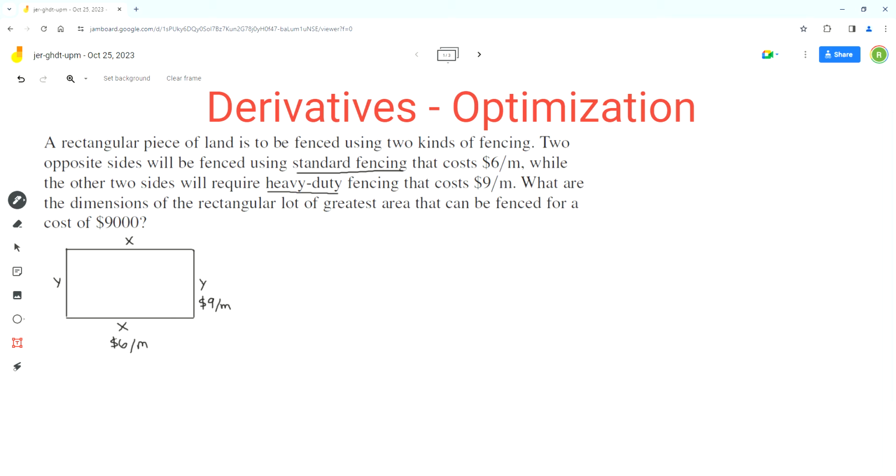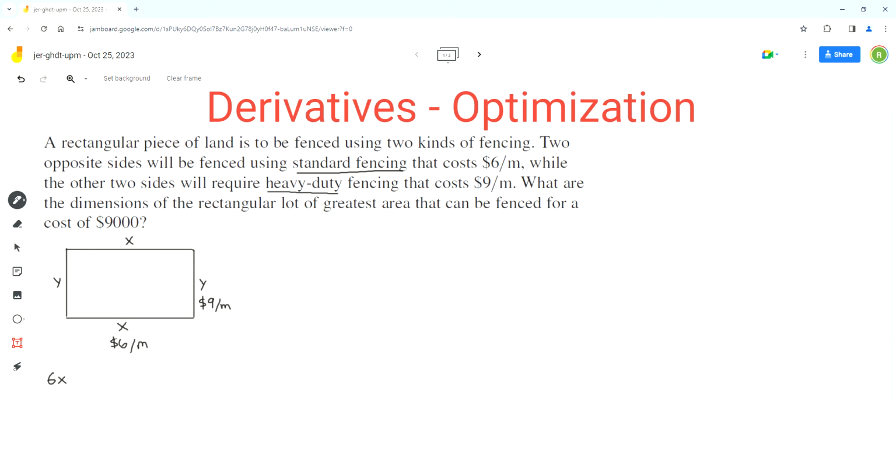Now we are given that the total cost of money that will be spent for the fencing is $9,000. So that means the sum of the cost of fencing these four sides should be $9,000. Now we'll have to write an equation for this total cost. The cost of fencing this x meters of length using the standard fencing will be 6x.